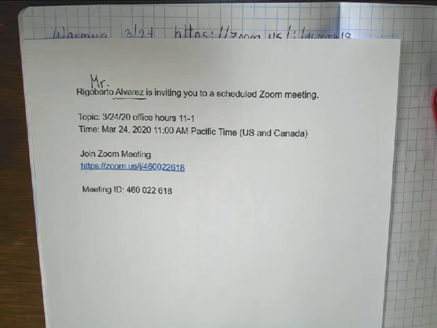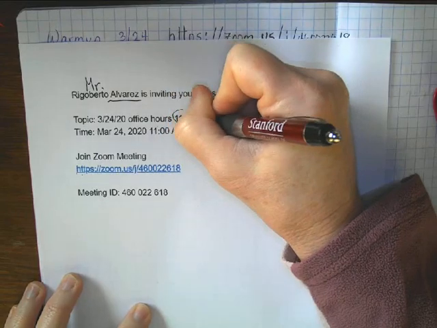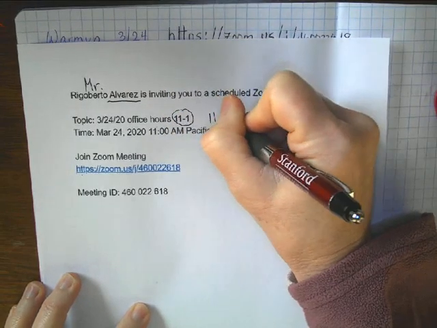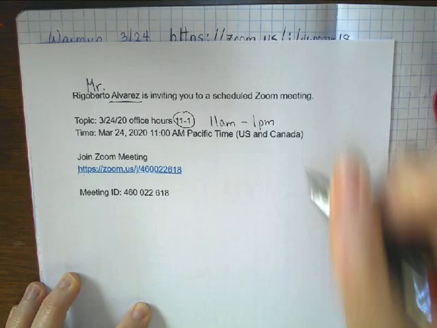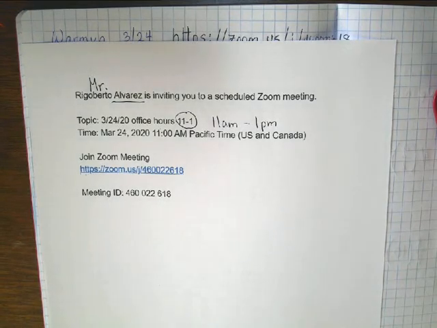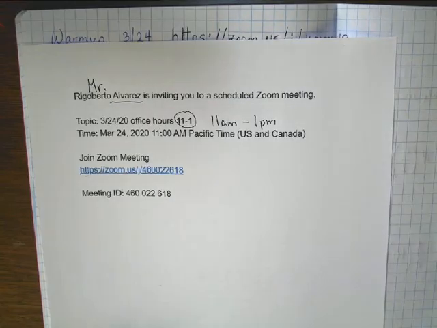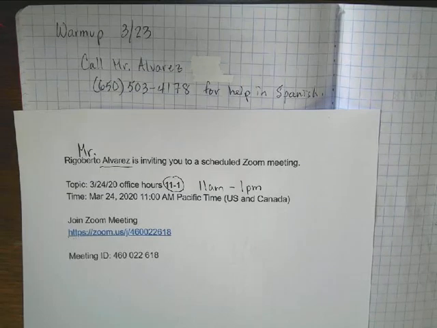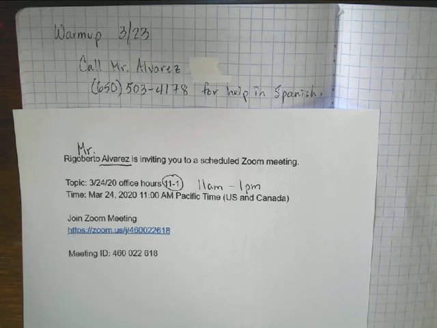Okay, so that's today, starting at 11 o'clock. From 11 a.m. to 1 p.m., Mr. Alvarez will be available online to talk to. So if you're confused by those directions, you can still call or text him at this number, 650-503-4178.